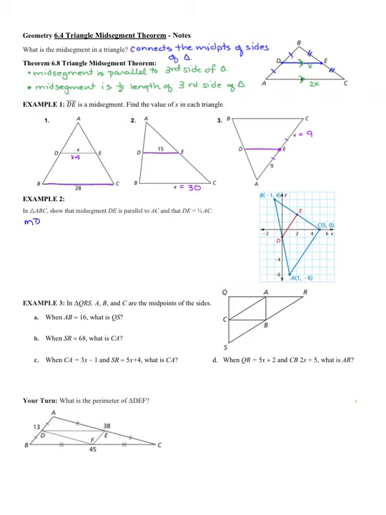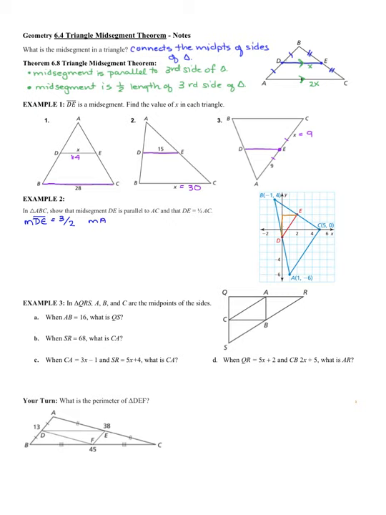So let's find the slope of DE. Since we have it on a grid, let's just do rise over run. So 1, 2, 3, up 3 over 2. That means my slope of DE is 3/2.